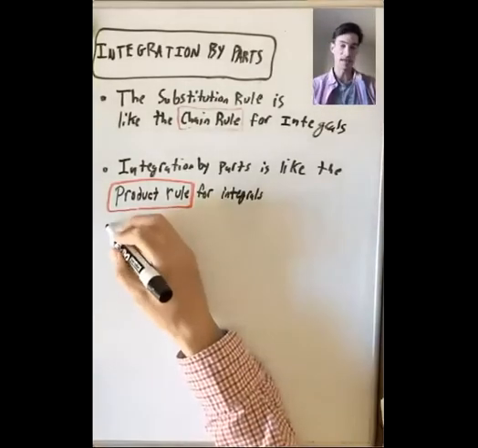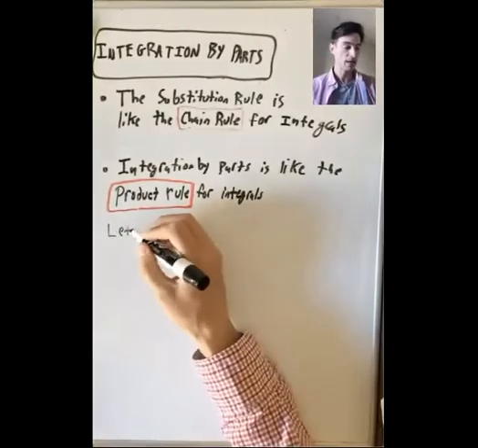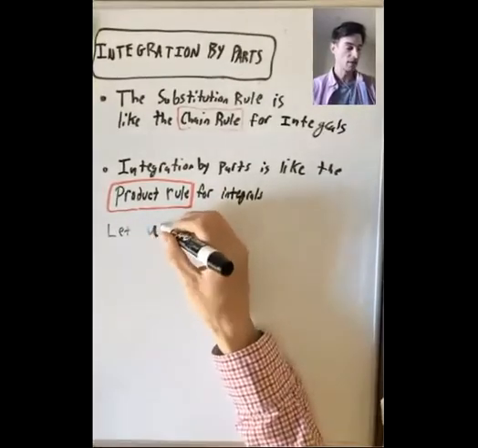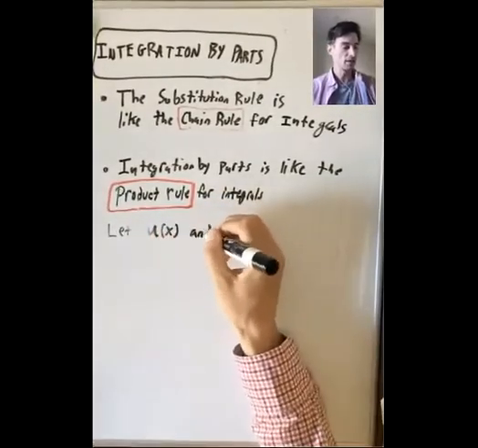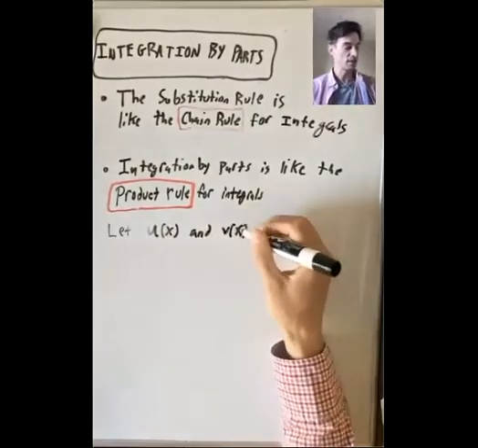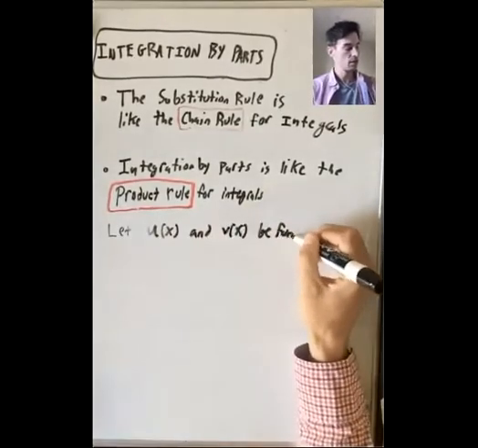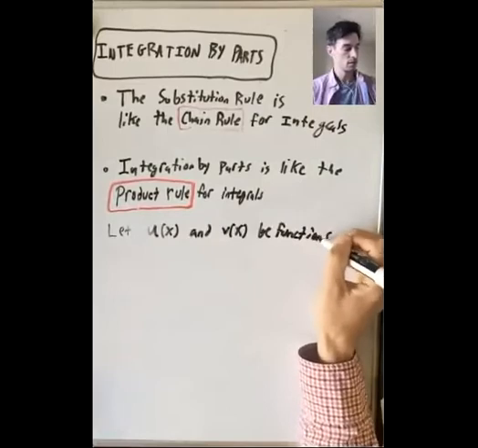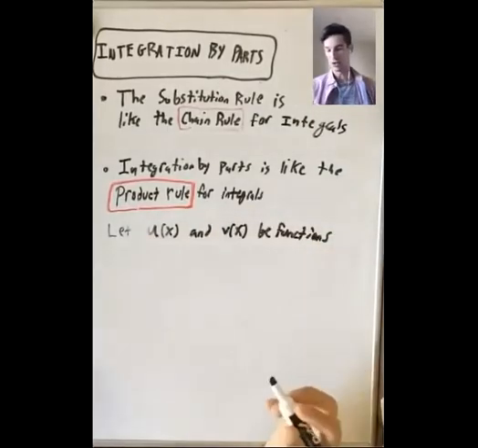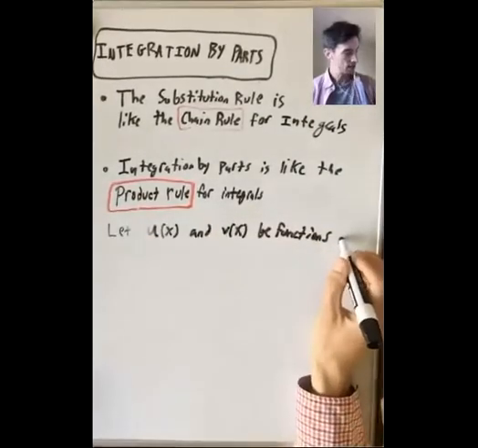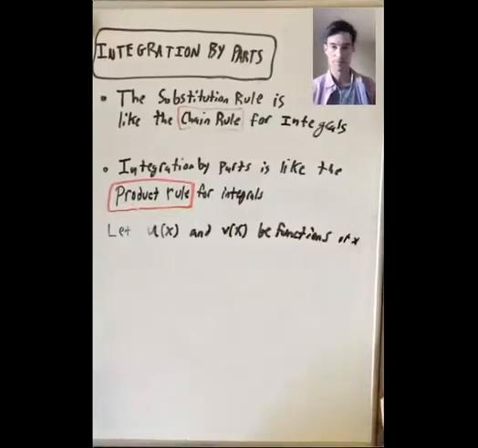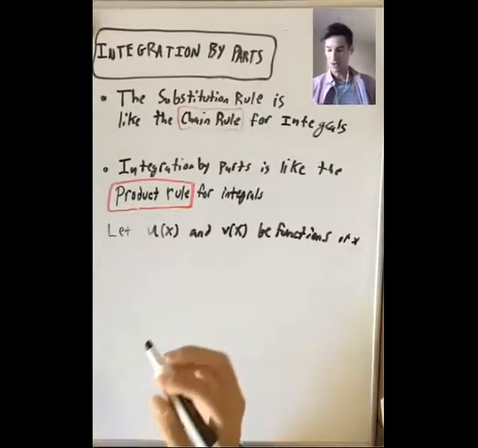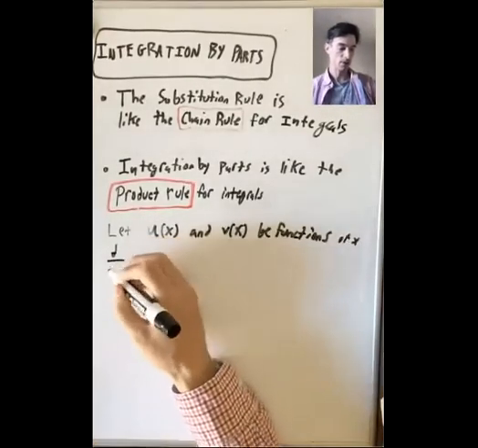So here's the setup. We're going to let u of x and v of x be functions of x. So remember what the product rule says.